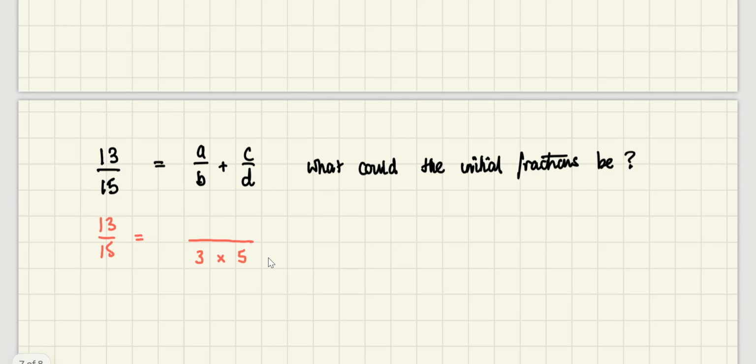If you think about it, if I had a over b plus c over d, to have it like this, it would actually be b times d, and therefore this would be ad plus cb over bd. All right. So in this case, what would we have? We'd have a times, so the d is the 5, it must have been 3.